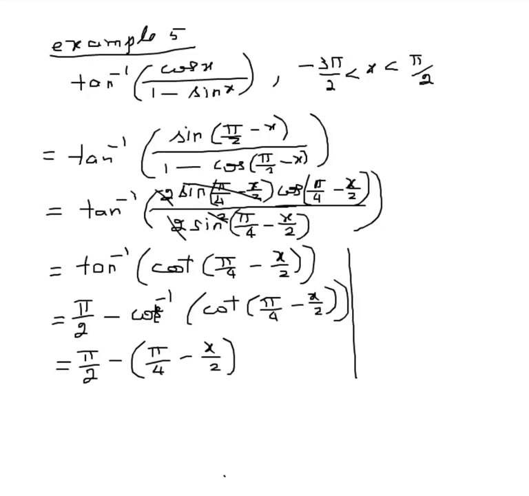We have the condition that x lies between minus 3 pi by 2 and pi by 2. Divide by 2 throughout, minus 3 pi by 4 to pi by 4. Change the sign, which means we have to reverse the inequality.